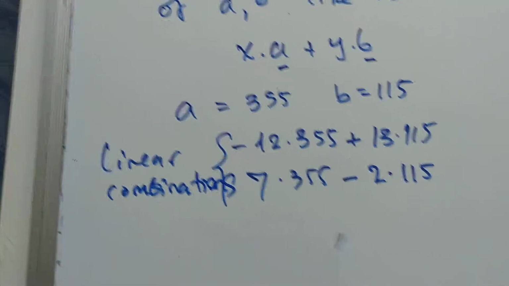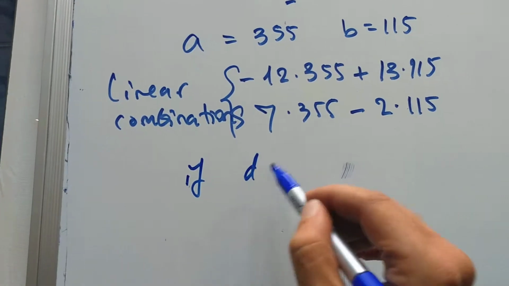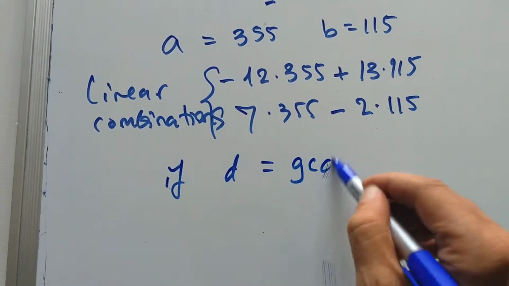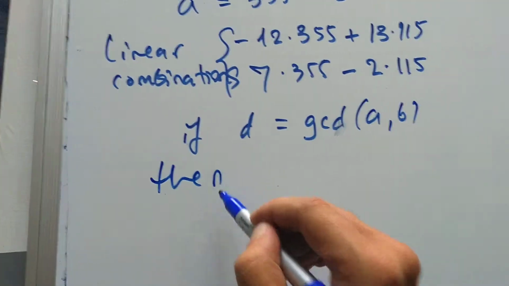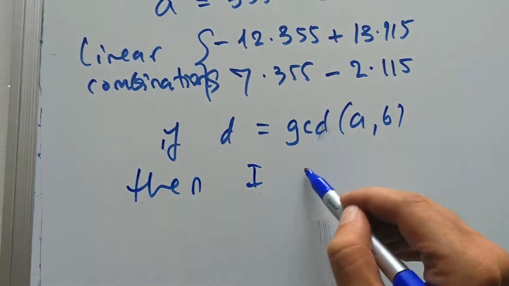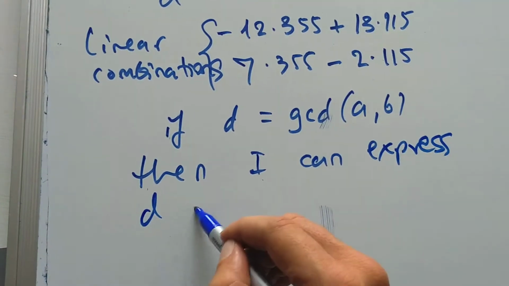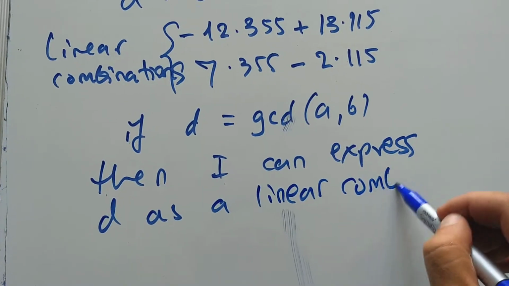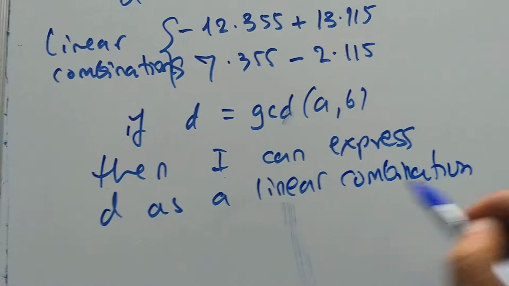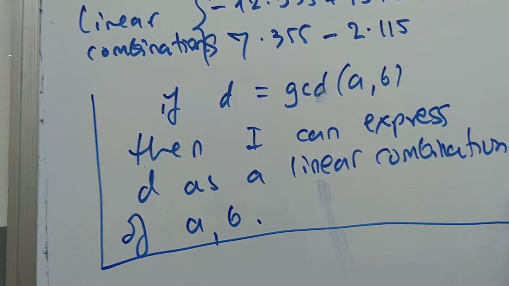Now, the very, very interesting thing about this is as follows. If D is the GCD of A and B, then I can express D as a linear combination of A and B. Isn't that a beautiful idea?